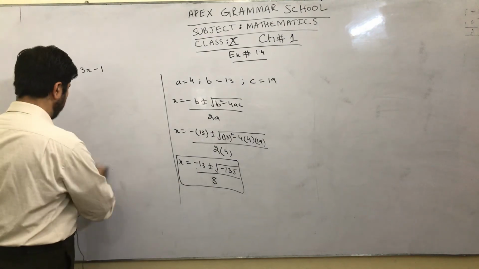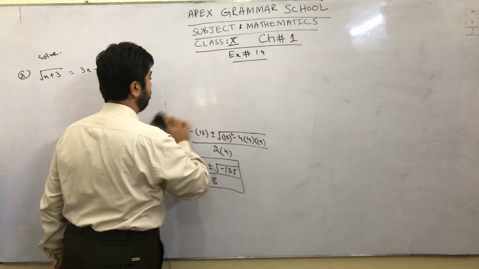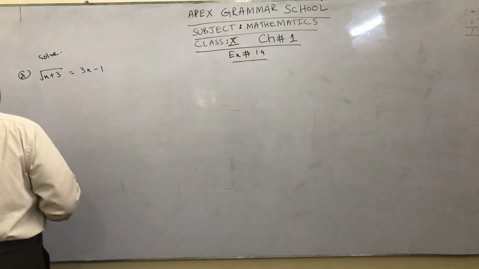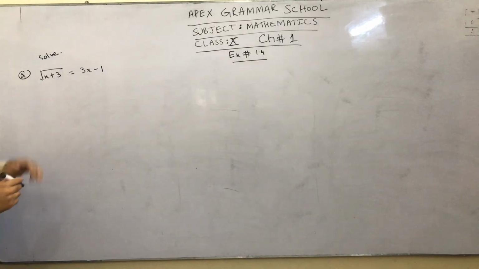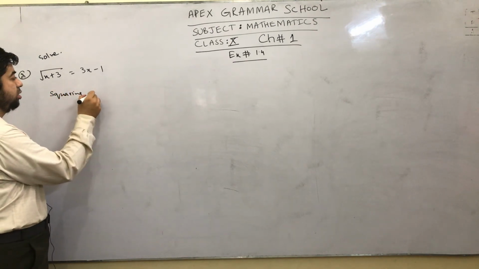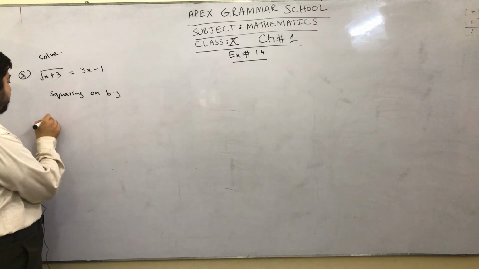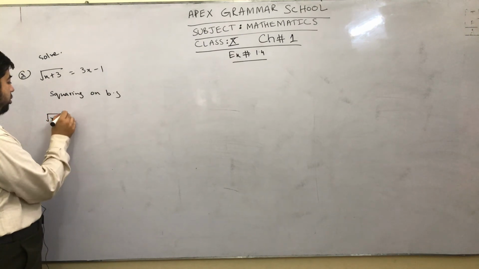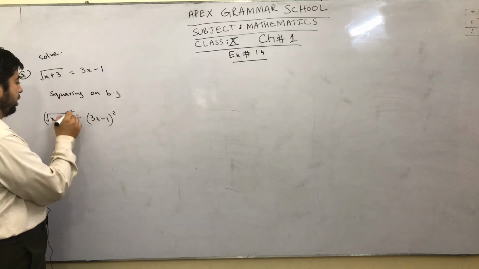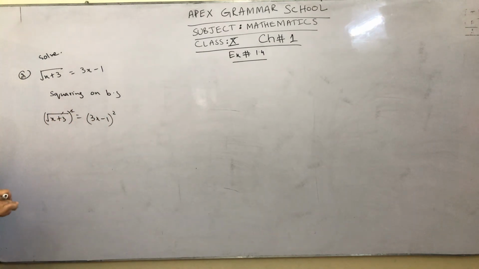So to solve the radical equation, you have to again apply the similar method. First you have to abolish this square root sign, squaring on both sides. This square is going to cancel with this square root.